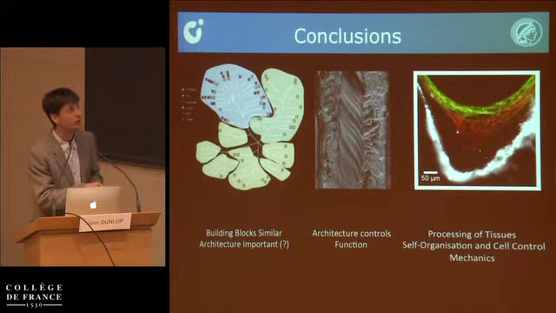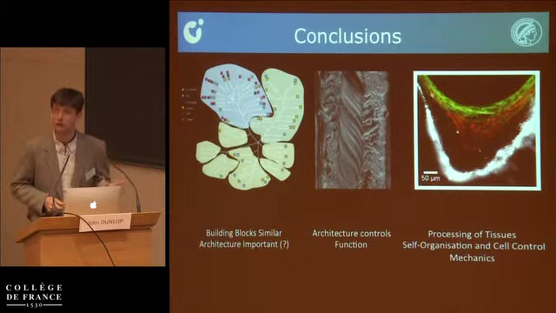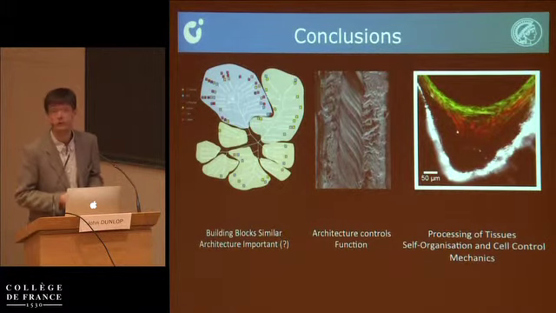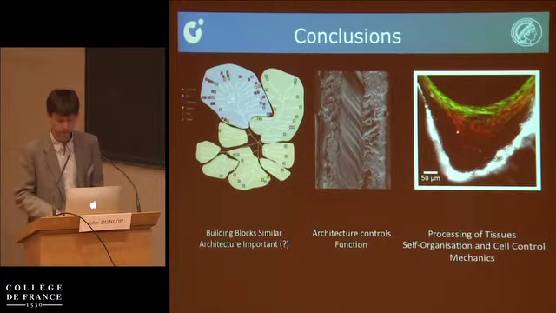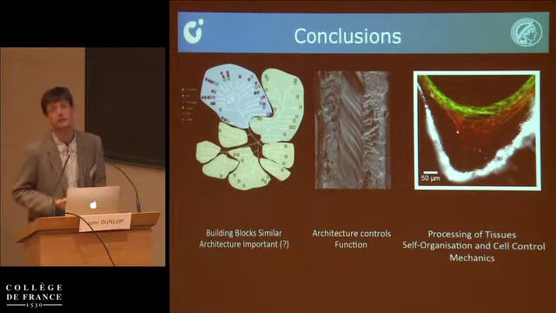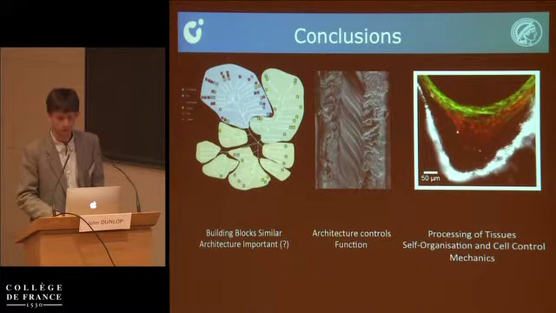Of course, building man-made systems like this, we don't necessarily want to go in that direction, but the principles of self-organization, as was mentioned yesterday, could be used for designing and building larger scale materials.